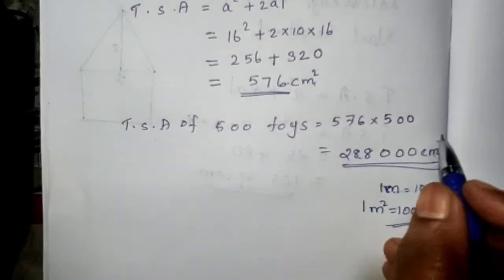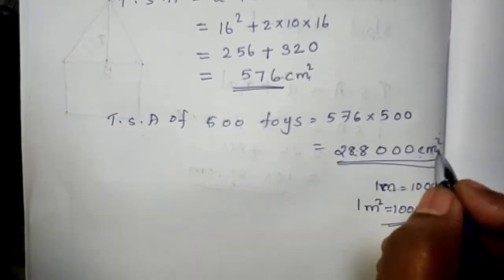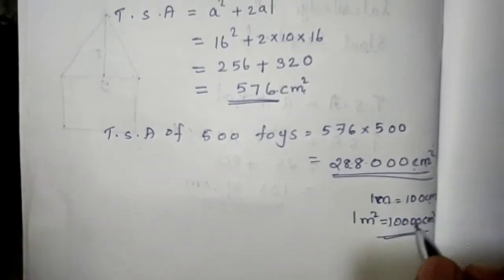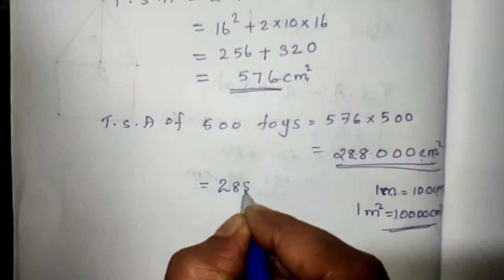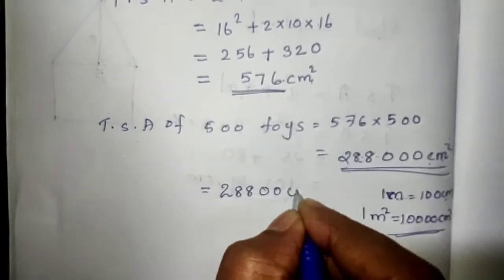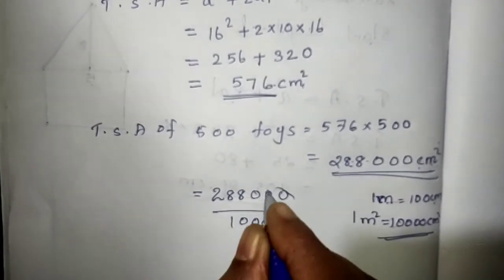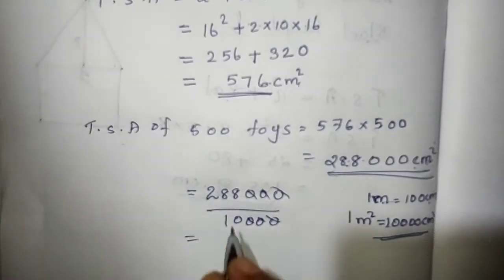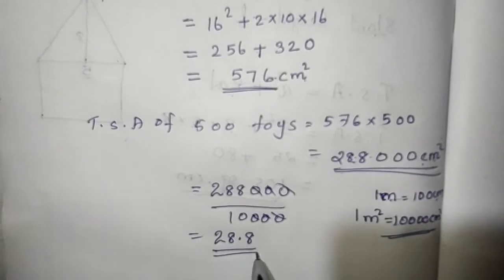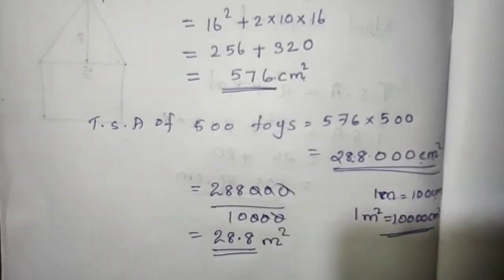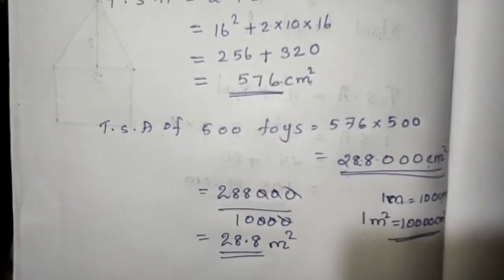So to convert centimeter square into meter square, just divide the centimeter square by 10,000. So here we have 288,000 by 10,000, that is 288 by 10, which is equal to 28.8. So 28.8 meter square area have to be paid at a rate of 80 rupees.